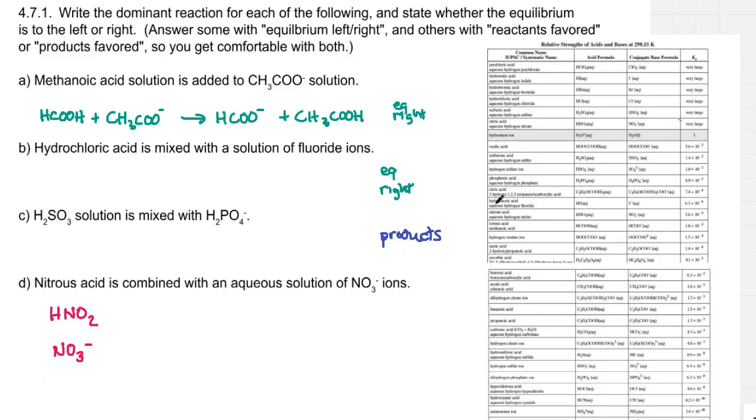Okay, so if we're looking for our strongest acid, HNO2 is there, that should be it. If we're looking for our strongest base, reading up, reading up, reading up, reading up, NO3 is right here, and that looks like it could be our strongest base, but don't forget, we always have water, and in this case, water is actually a better base than nitrate ions are.